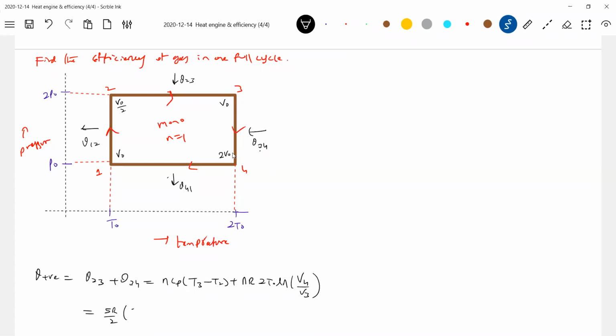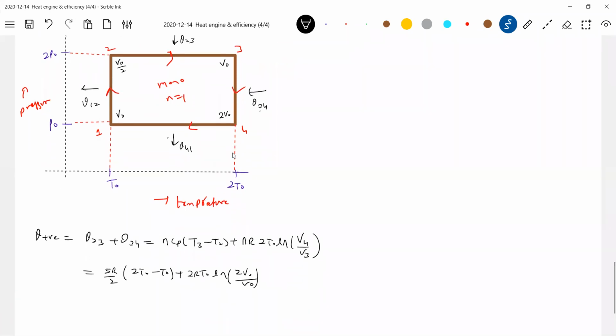T3 minus T2 is 2T naught minus T naught, plus R, 2T naught, log of V4 by V3. So 2 V naught by V naught. So directly we are going to get 5R T naught by 2 plus 2R T naught log 2. Okay, this is Q positive.